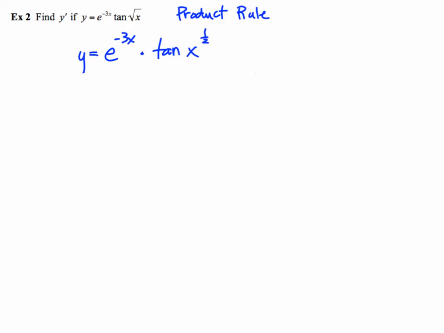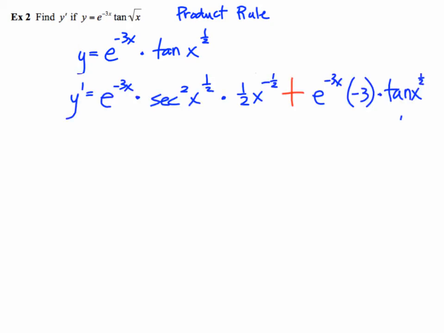So I'm using the chain rule, and the derivative of x to the 1/2 is 1/2 x to the negative 1/2, plus e to the negative 3x, and I take the derivative of the exponent, which is negative 3, and then I leave the second term.